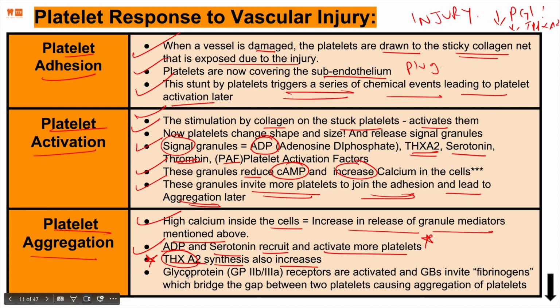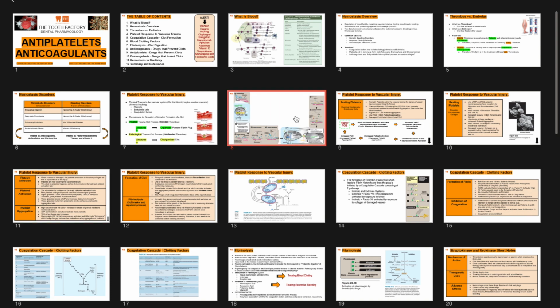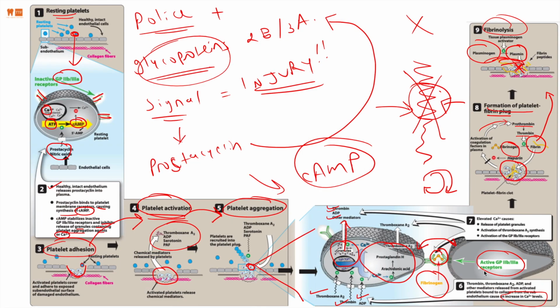And of course, how can we forget the glycoproteins? The GP2B and 3A receptors are now activated. GPs invite fibrinogens. Do you remember those yellow dots that we saw in that diagram? I can show you what that looks like, you guys. In the diagram we saw that this glycoprotein had the yellow dots right here, fibrinogens.